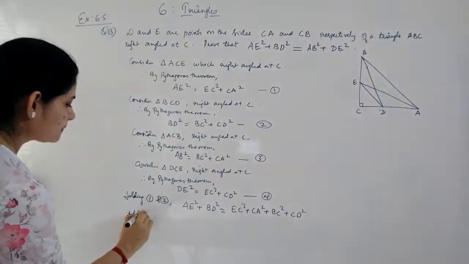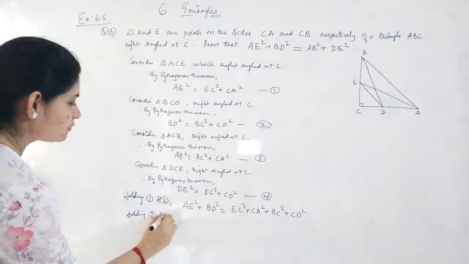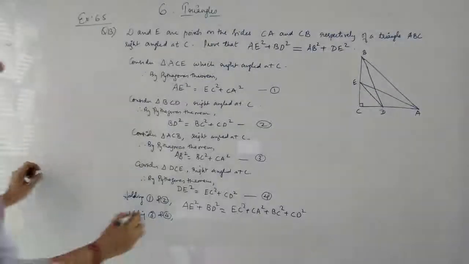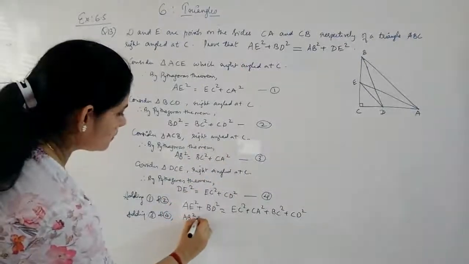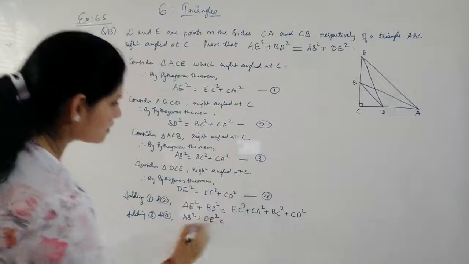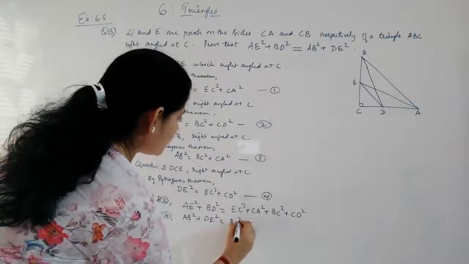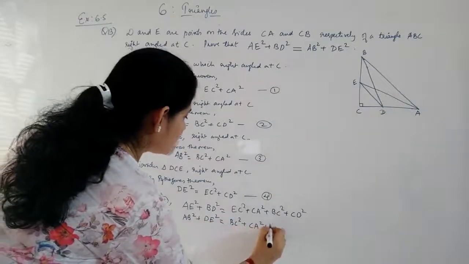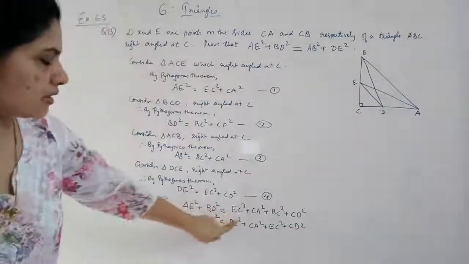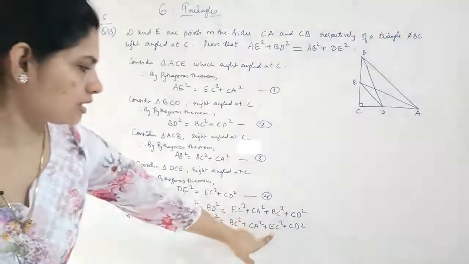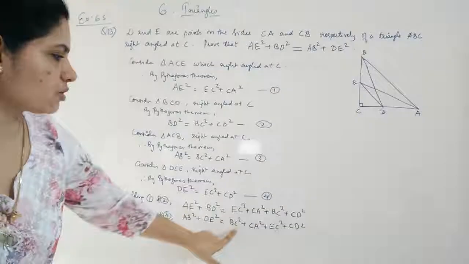And adding 3 and 4, we will get, what are 3 and 4? AB square plus DE square is equal to BC square plus CA square plus EC square plus CD square. You can just see the right hand side of both. EC square is there, CA square, BC square and CD square.